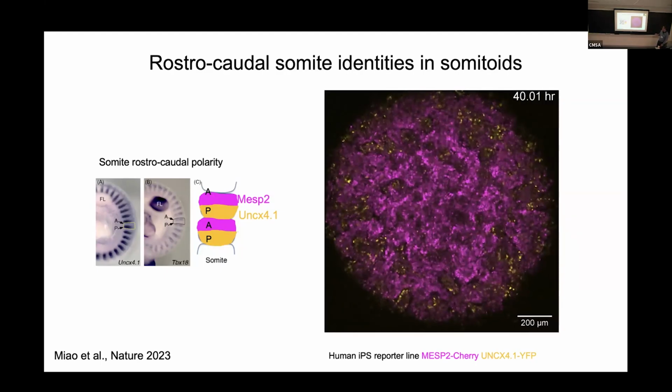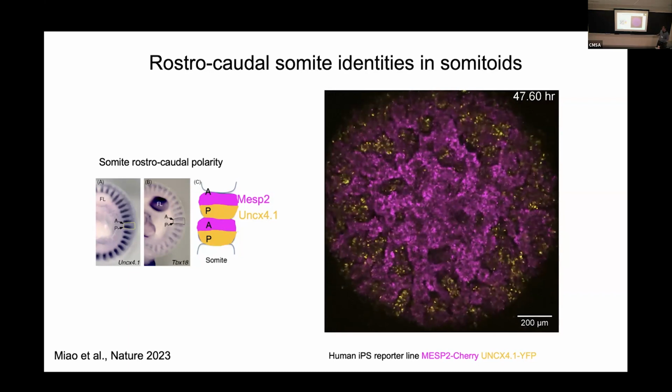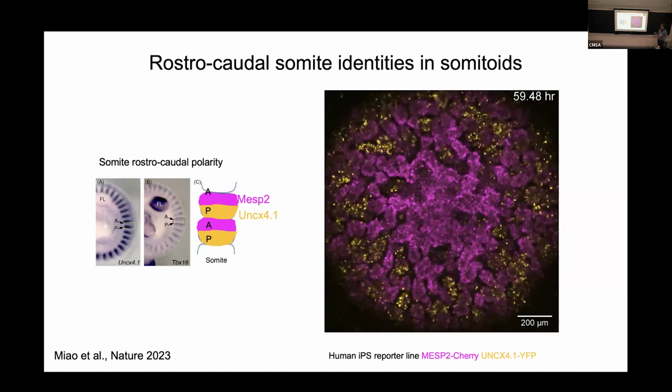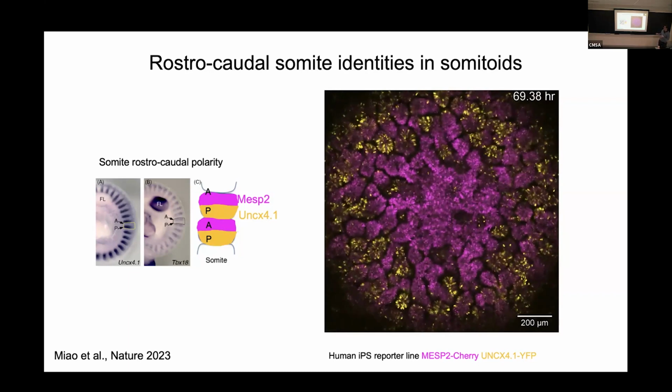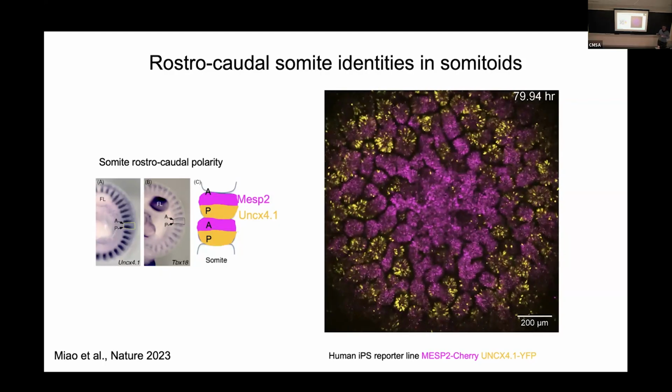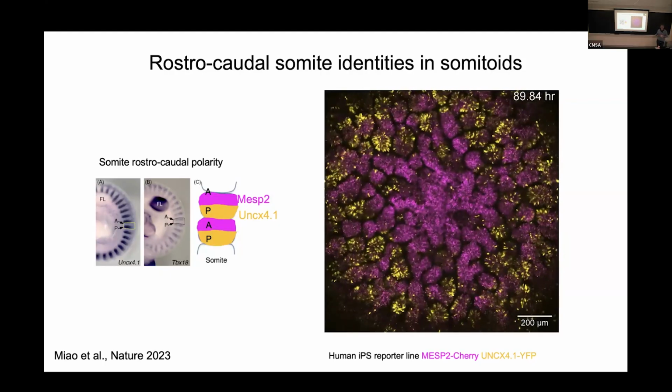You see in these somitoids that the cells do acquire these 2 identities, but interestingly they segregate in different rosettes, which is not what we see in the embryo, because in the embryo, rosettes have either an anterior or posterior identity.